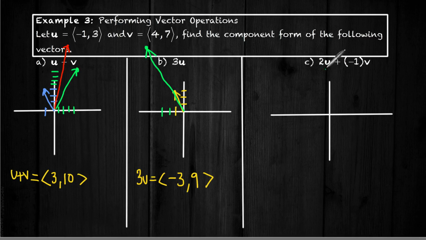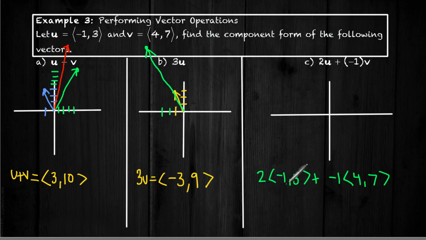Okay, letter C. You have 2u plus -1v. We're not going to try to sketch this, but we will say 2 times u. So let's just write this out. 2 times u plus -1 times v.